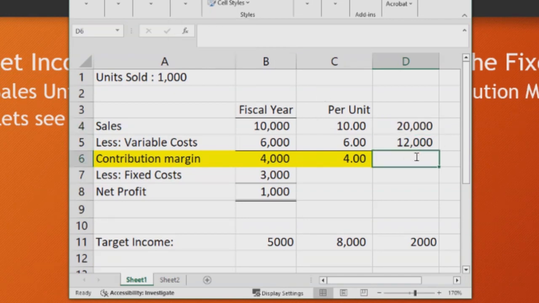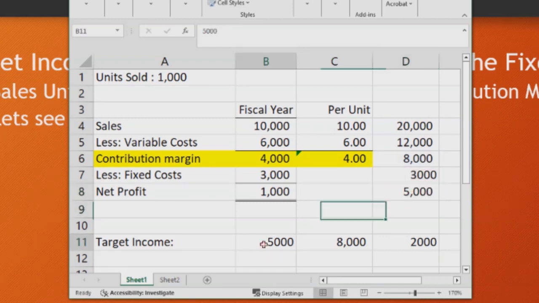And so therefore our contribution margin is going to be $8,000. Our fixed costs remain $3,000. So we're going to subtract the $3,000 from the $8,000 and we get our target income of $5,000. So we know that that 2,000 units is what we need to sell to achieve our goal.